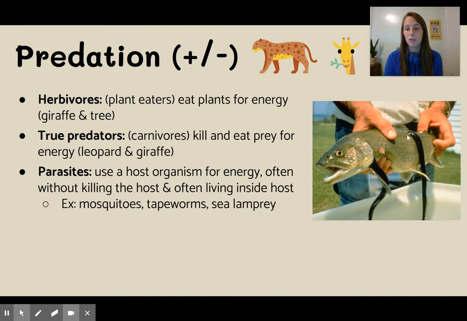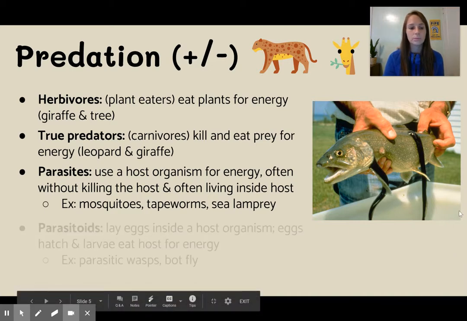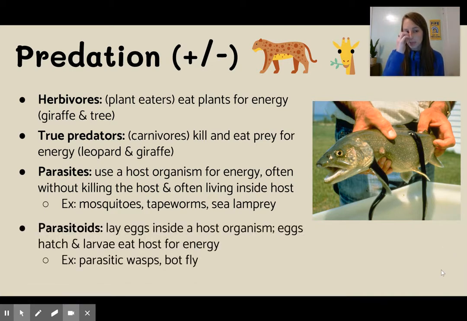It's a type of fish that will bite on and suck blood out of the fish that it's biting on. And then the next one is going to be a parasitoid. And these ones lay eggs inside of a host organism. The eggs hatch, and then the larvae eat the hosts for energy.